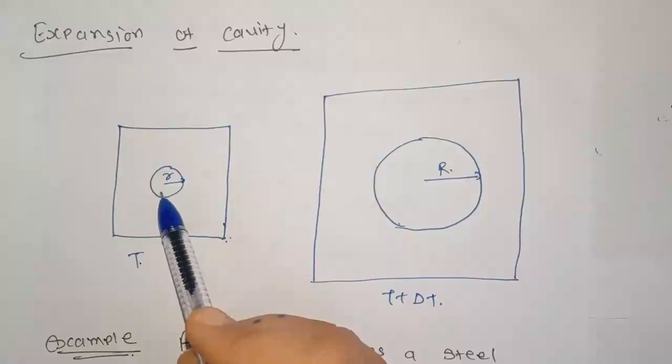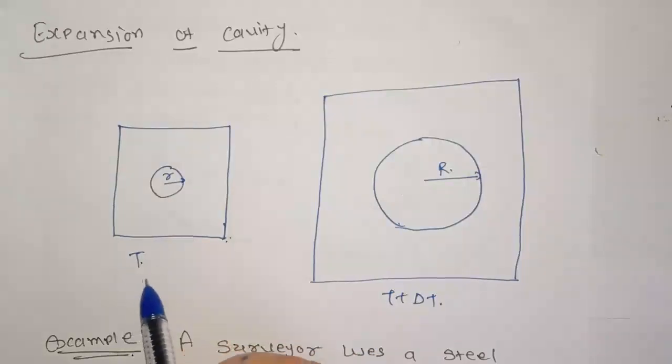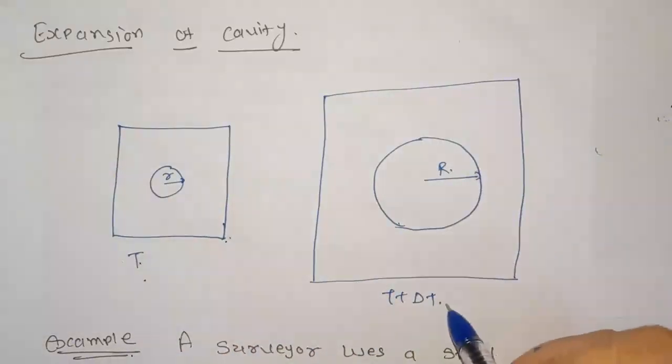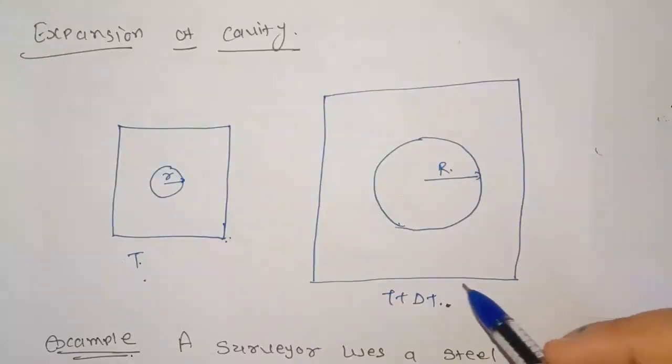The area of the hole will increase when the body expands on heating. This is at temperature T and this is at temperature T plus delta T. Just as if the hole or cavity were a solid of the same material, the expansion of area of the body will be independent of the shape and size of the hole.